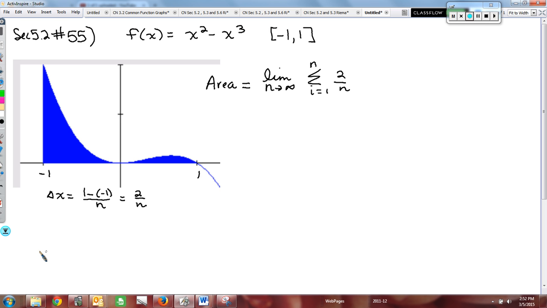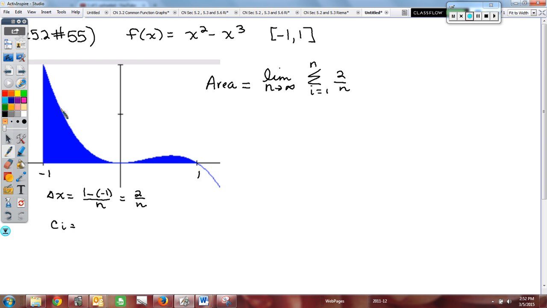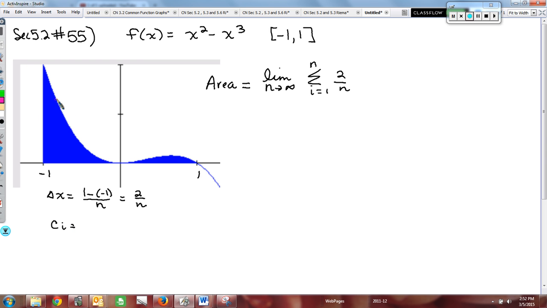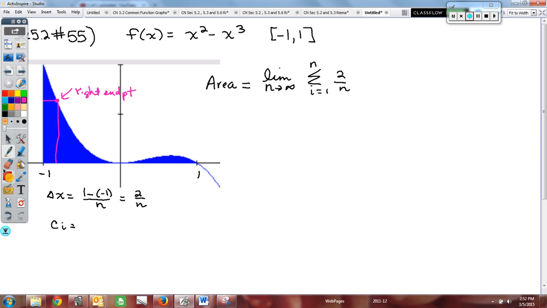Then we're going to need to have a choice of an endpoint when we draw a rectangle. If I'm going to draw a representative first rectangle, I pretty much always decide, if I'm the one that has to do this, to use the right endpoint, because that is always the easier one to take a look at.